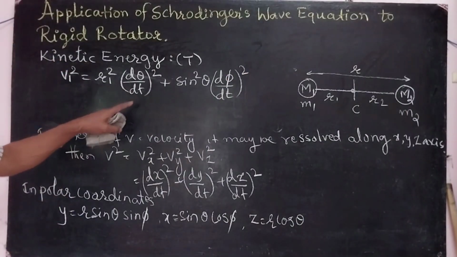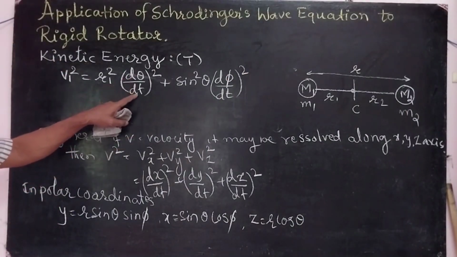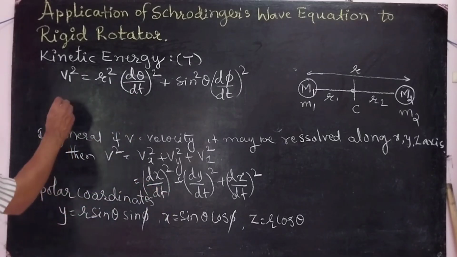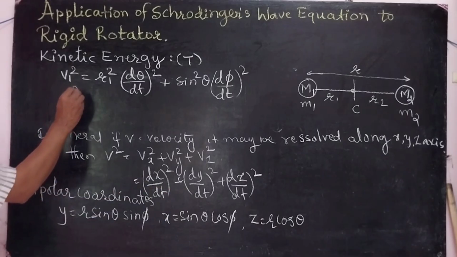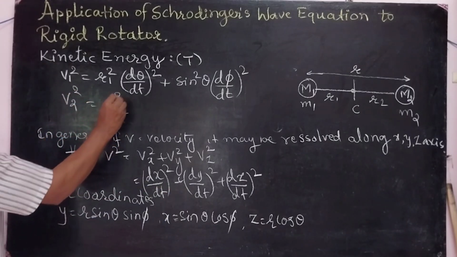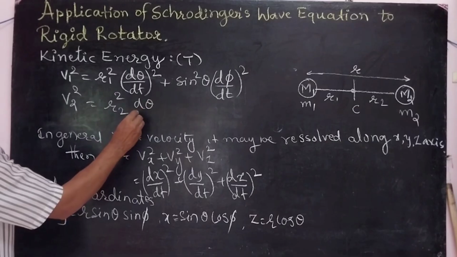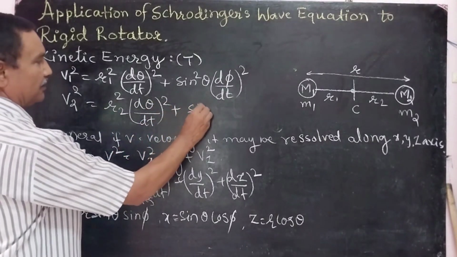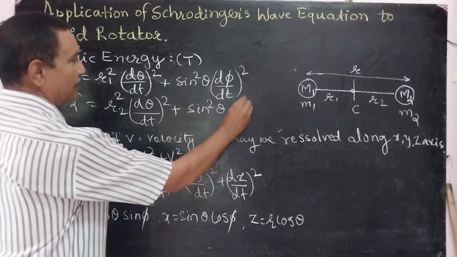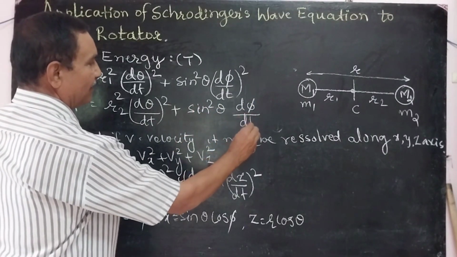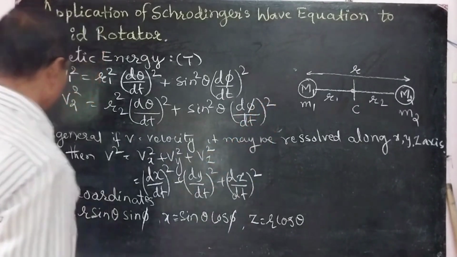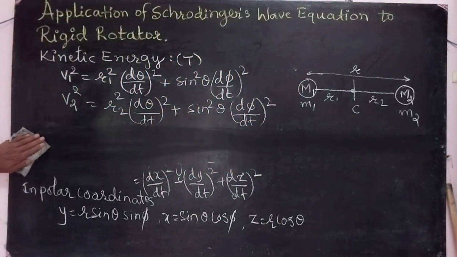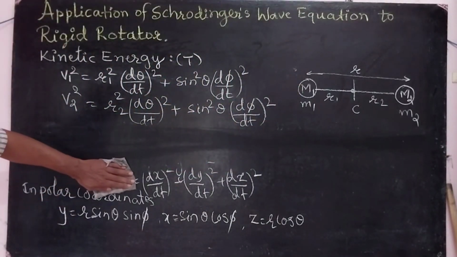Here d theta by dt is the angular velocity, and these are the linear velocities. Similarly, v2 square equals r2 square times [(d theta by dt) square plus sin square theta (d phi by dt) square]. In this way, the velocities may be transformed into angular velocities.